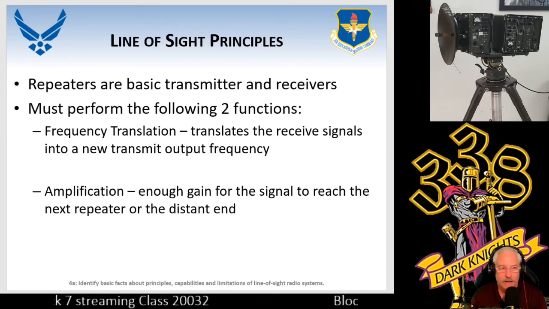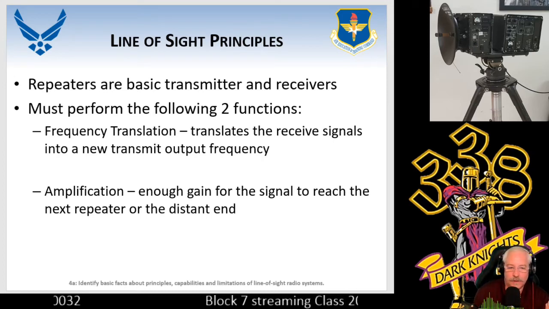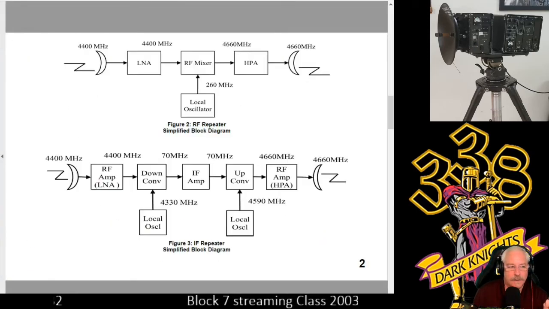Frequency translation, I like to use frequency conversion, so those 2 are interchangeable. Next is amplification. Again, when you pull up your C's and D's, page 2 is a place where you can find 2 of the repeaters that we go through.